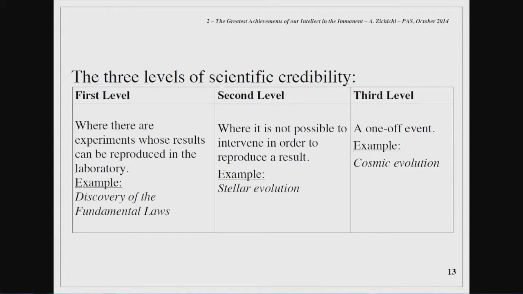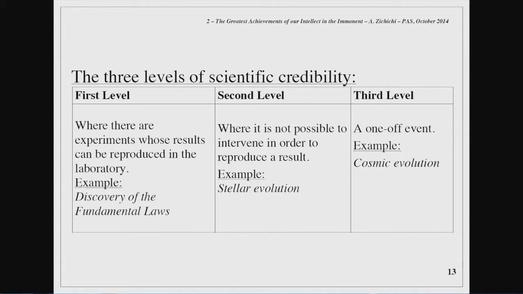The second level is where it is not possible to intervene in order to produce a result. Example, stellar evolution. And then a one-off event, which apparently is in contradiction with the reproducibility of science, and this is cosmic evolution. Why is it science?